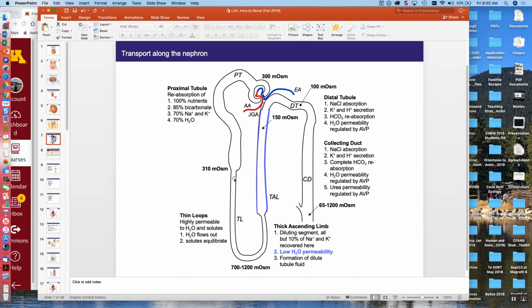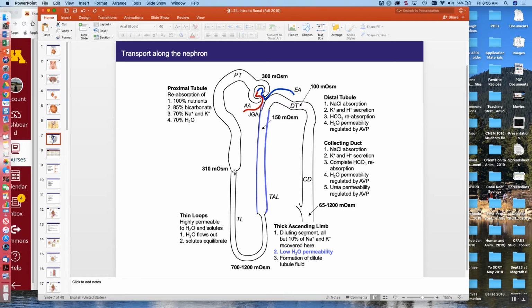Imagine it flowing down through the tube, and it is encountering an environment that is more and more hyperosmotic, more and more solute in the environment. What that tends to do is pull water out of the nephron. This is just by simple osmosis.